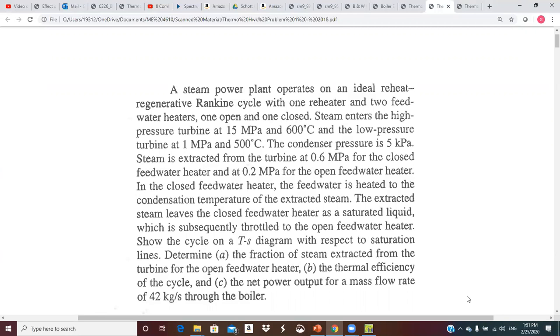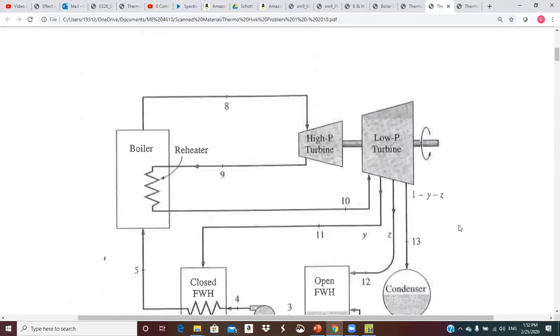We have a high pressure turbine with no extractions, a low pressure turbine with 2 extractions, and a condenser and 2 pumps. So this is pretty much the Manila, it's got reheat and 2 feed water heaters. So it's fairly long, but it's pretty much straightforward.